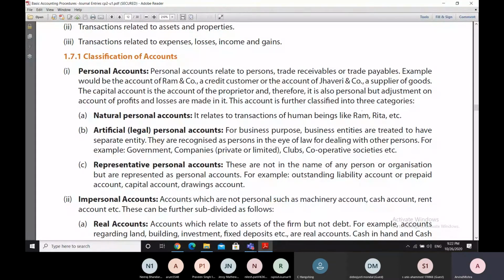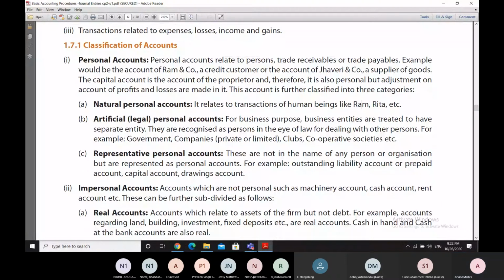Capital account, if we were to think about it, is a personal account of the proprietor. Similarly, drawings account is also the personal account of the proprietor. So personal accounts could belong to the proprietor, could belong to the supplier of goods, could belong to the customer. And there could be natural or legal personal accounts also.